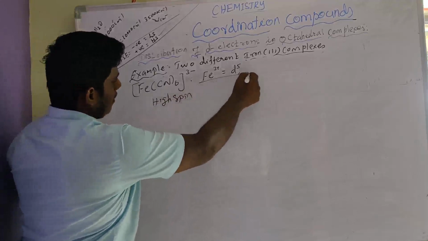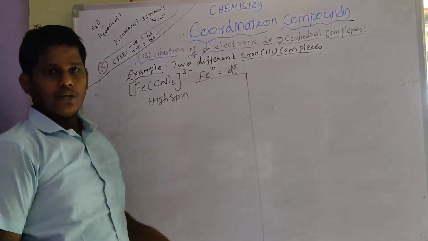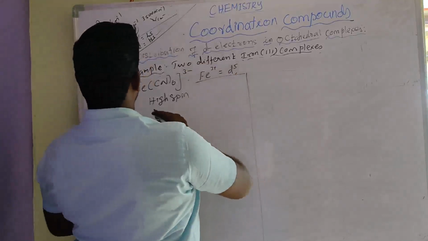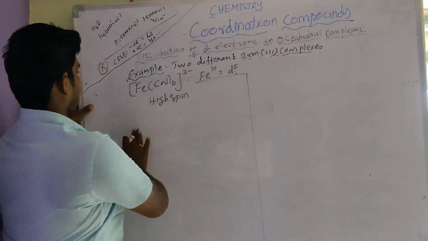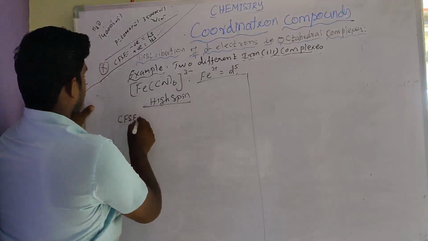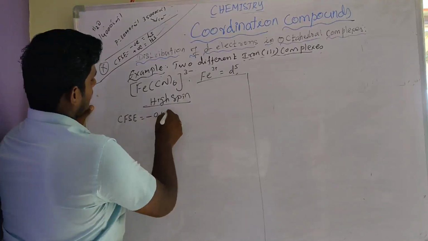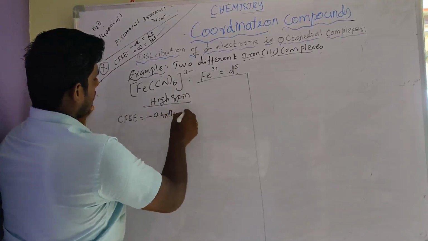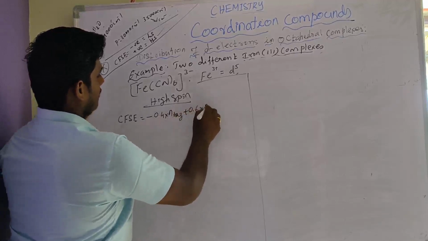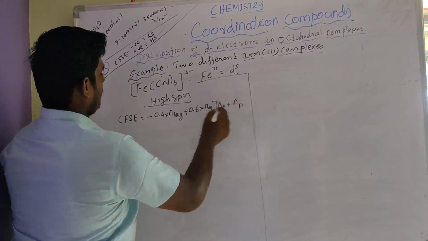High spin complex, and you also need the electronic configuration. So for the high spin complex, the crystal field stabilization energy is minus 0.4 times the number of t2g electrons plus 0.6 times the number of eg electrons in an octahedral field, plus the pairing energy.